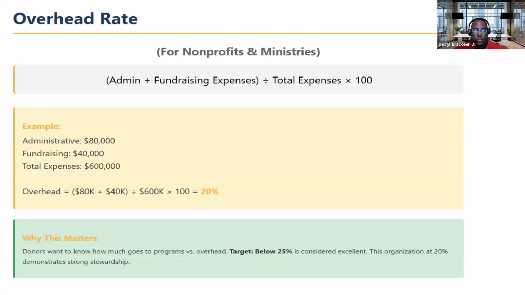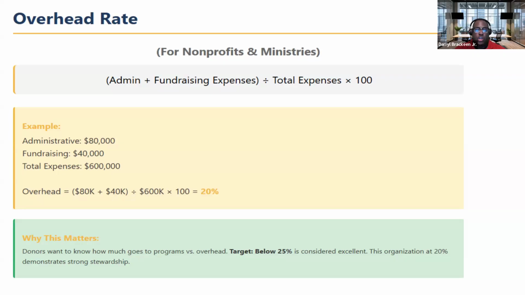Now, to find out your overhead in your business, the formula is, in parentheses first, your administration plus your fundraising expenses, and then you divide that by your total expenses, and then you multiply that by 100. This is exclusively for nonprofits and ministries in particular, to figure out what your overhead is, right?